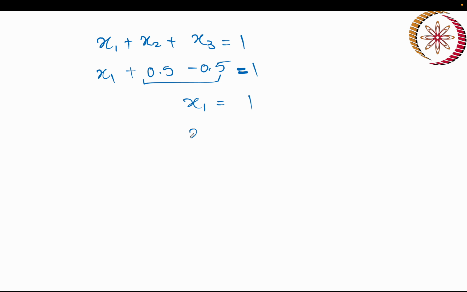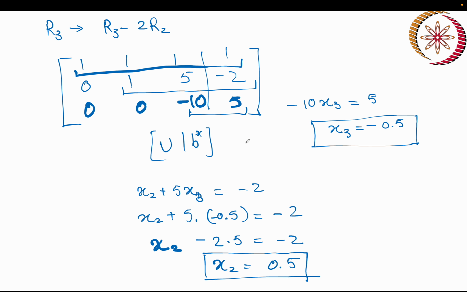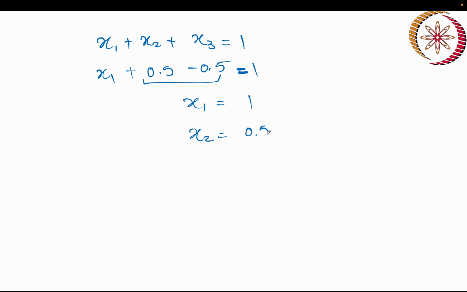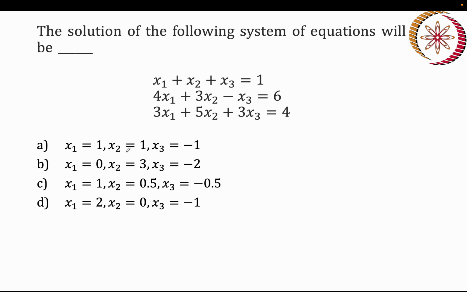So x1 is 1, x2 is equal to 0.5, and x3 is equal to minus 0.5. Okay, so we have the answer: C is the correct answer.